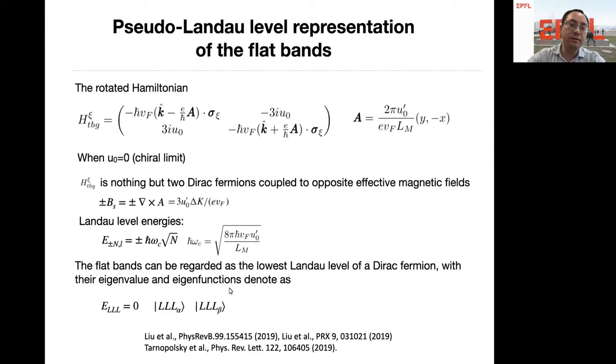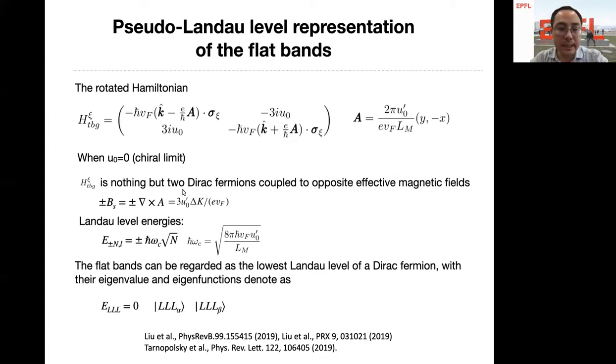Let's look at the rotated Hamiltonian. When U0 equals 0, where U0 is the intra-sublattice hopping, for example the AA hopping, this is also called the chiral limit. In this chiral limit, this Hamiltonian is nothing but two Dirac fermions coupled with two opposite effective magnetic fields. This magnetic field is induced by the moiré potential, and it's straightforward to get the Landau levels since it's Dirac fermions.